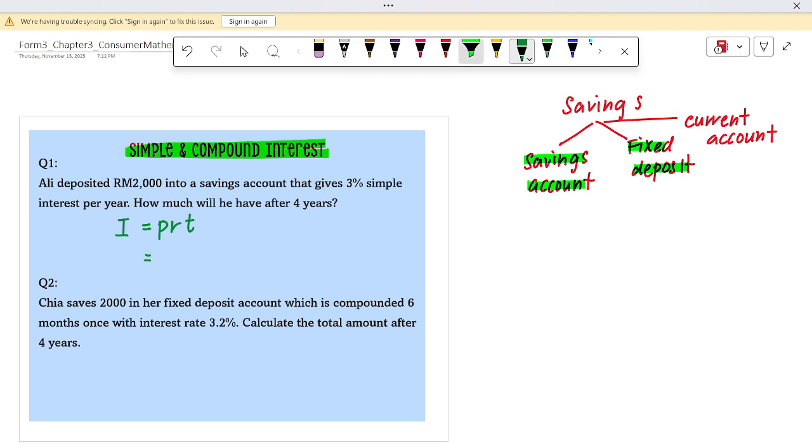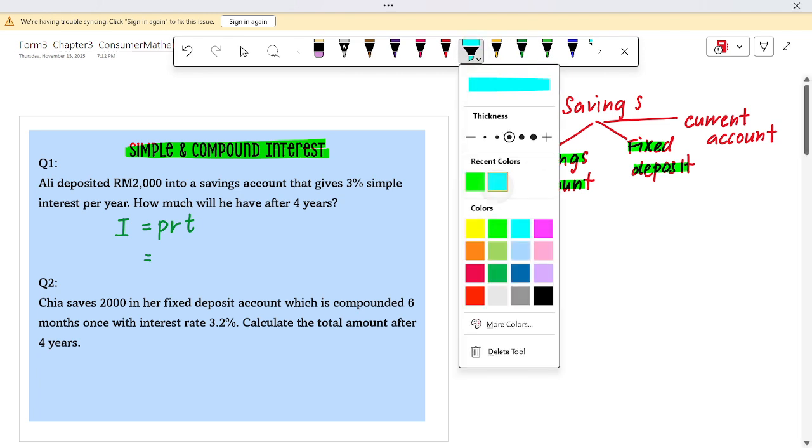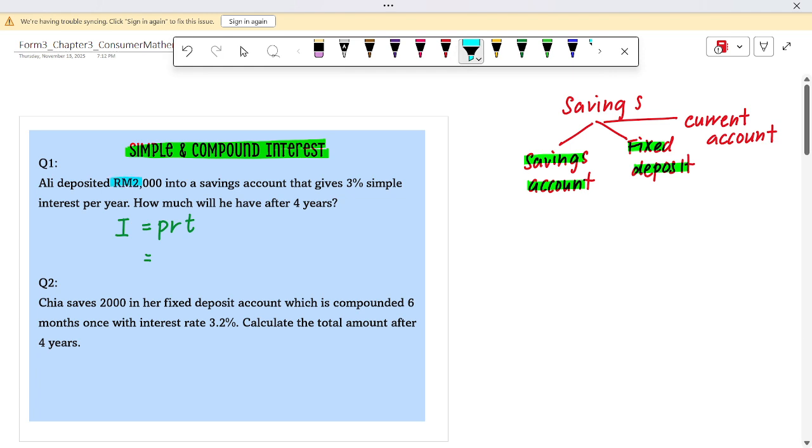So in this question, you can see that your principal here is 2,000, 3% interest rate, and they want the savings after 4 years. So we will take 2,000 times 3 over 100 times 4 years. This will be our interest earned for 4 years, which will give you the answer RM 240.